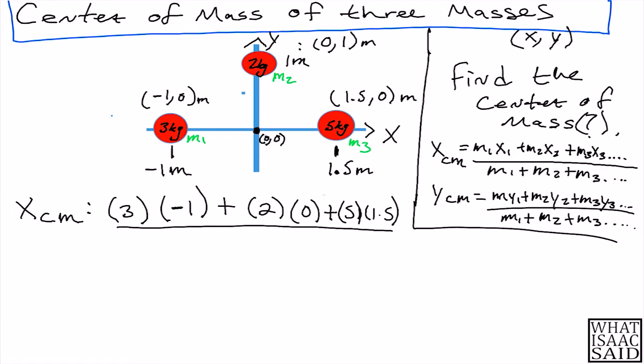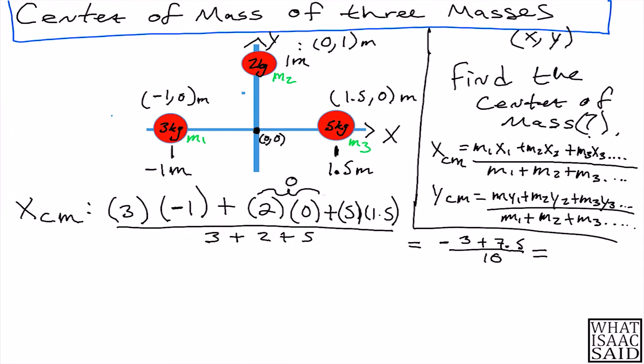So all of that is divided by the masses added: 3 plus 2 plus 5. Once we compute all of that, we should get -3 plus 7.5, because this section here would just be 0. All of that divided by 10, since 3 plus 2 plus 5 down here will be equal to 10.